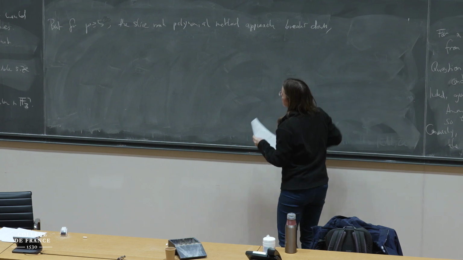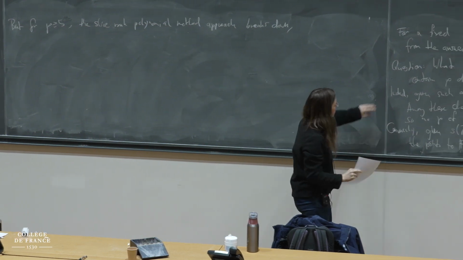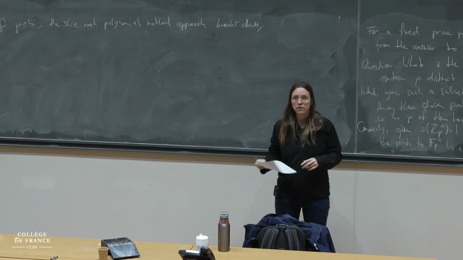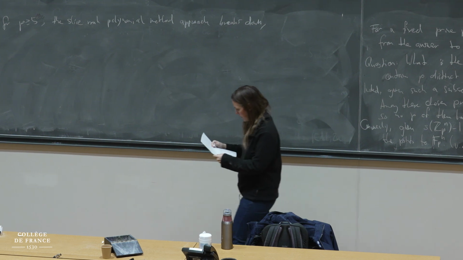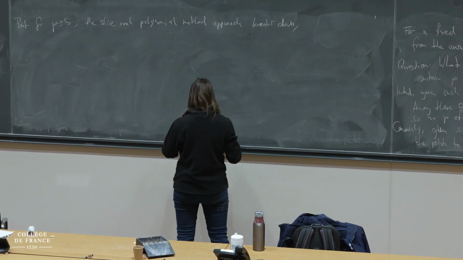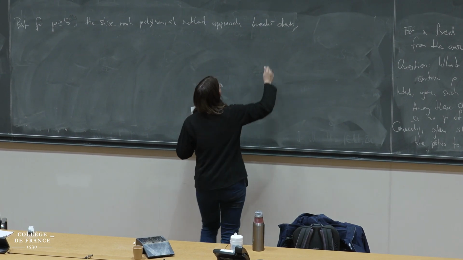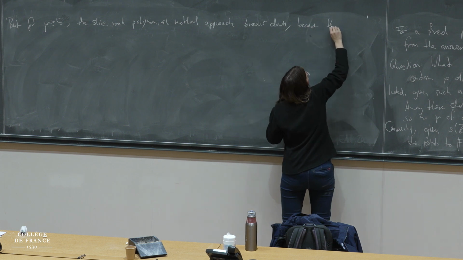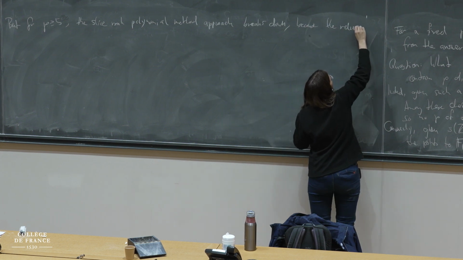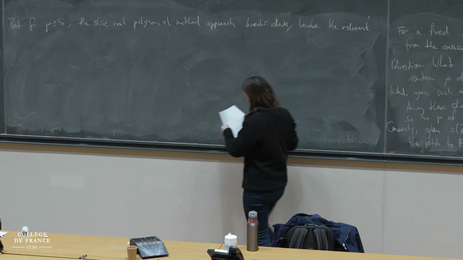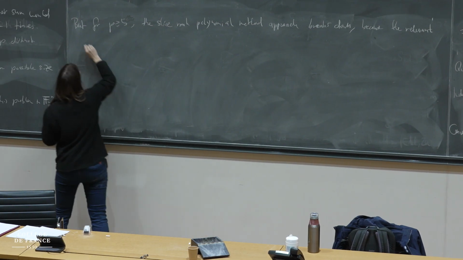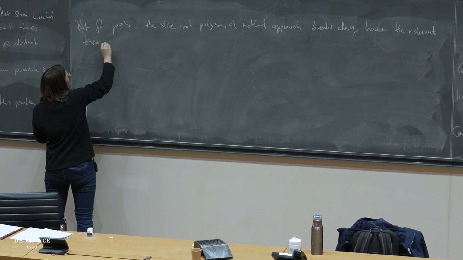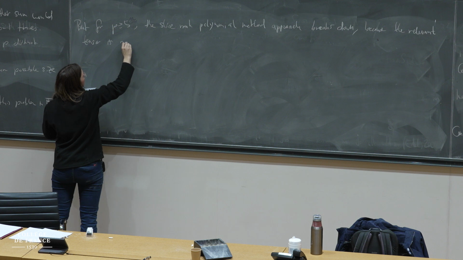And the reason for this is that the natural tensor associated with this question is not a diagonal tensor anymore for p at least 5. Because the relevant tensor is not diagonal.